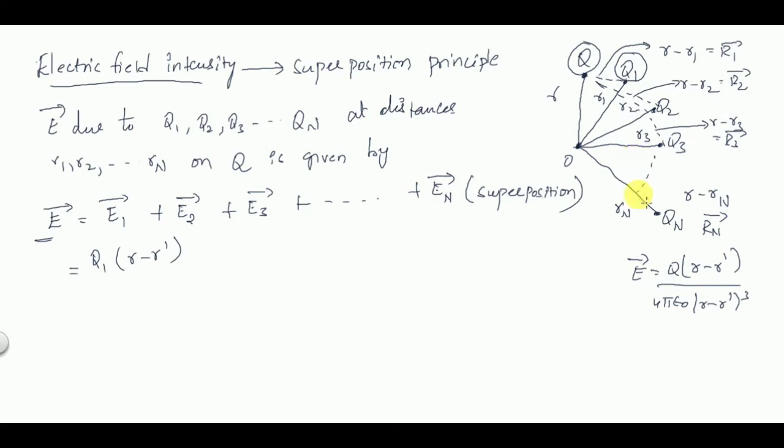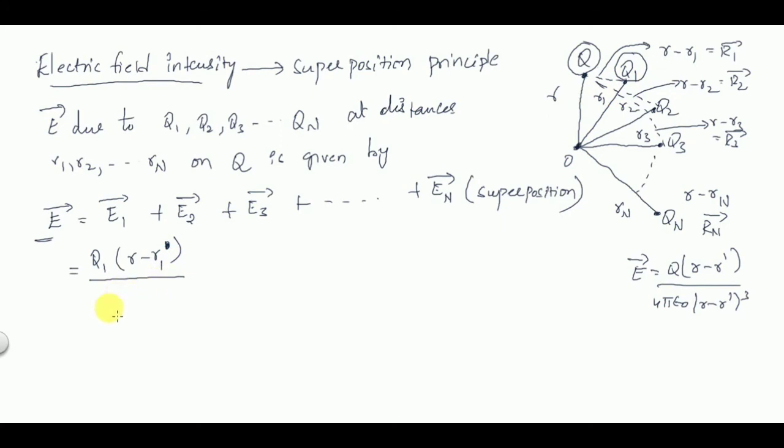Now we have n point charges like this. First is due to Q1. So Q1 into R minus R dash, or instead of R dash we take it as R1, because Q1 is at a distance of R1 from the origin.